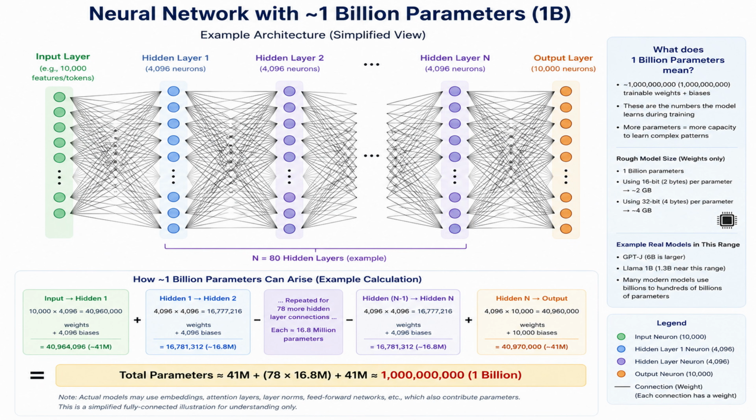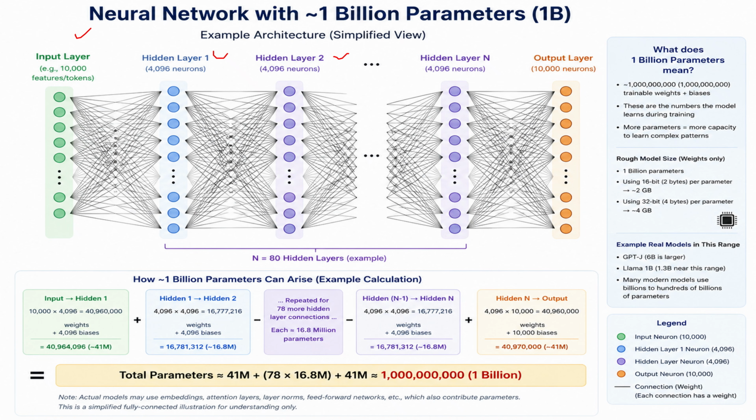This is how the model will look if you say a model is trained for 1 billion parameters. You'll have the input layer, and for example, there are 10,000 features. Then you have a first hidden layer, and let's assume 4096 neurons here.